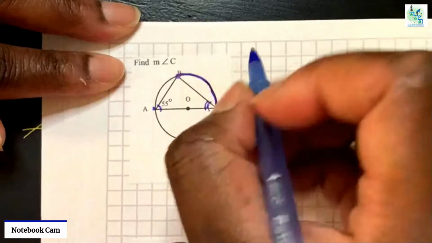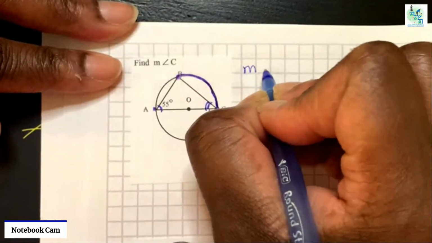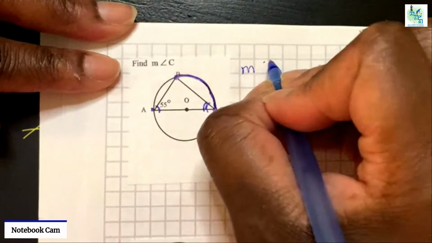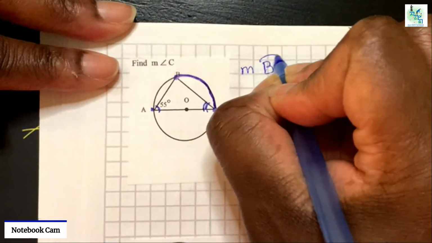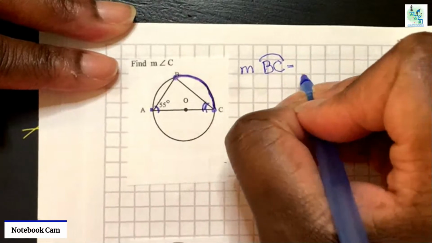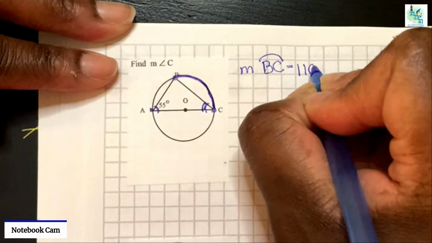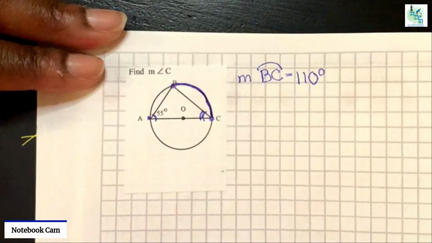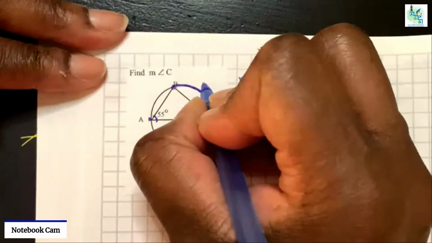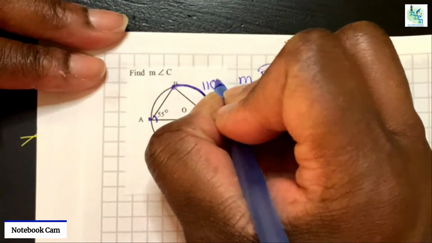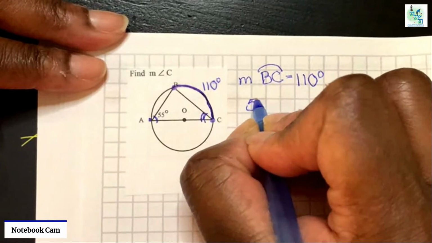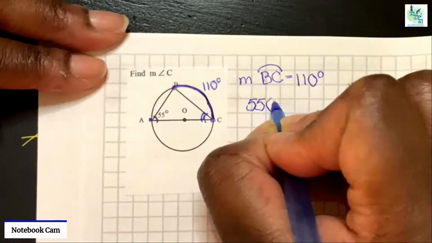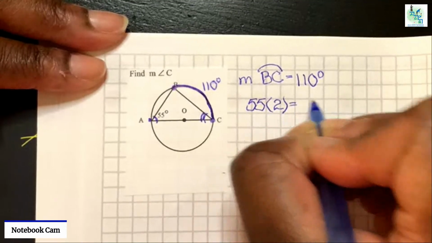So the measure of arc BC is going to be 110 degrees. All right, so out here is 110 degrees. And how I got that, I took my inscribed angle, the 55, and multiplied it by 2.